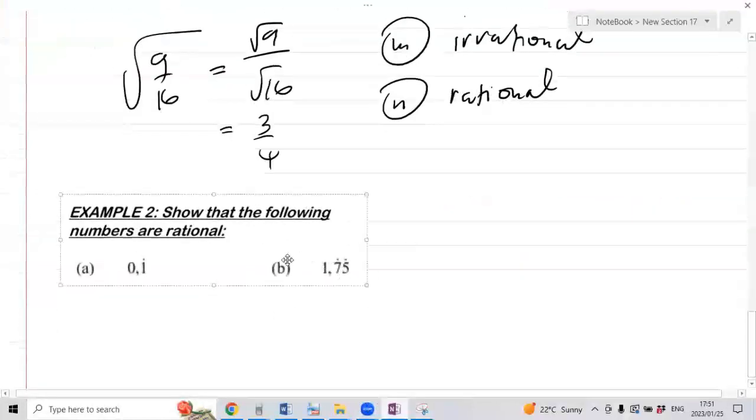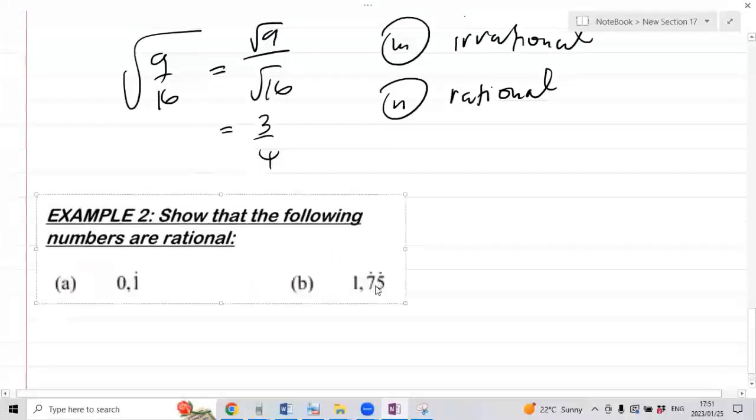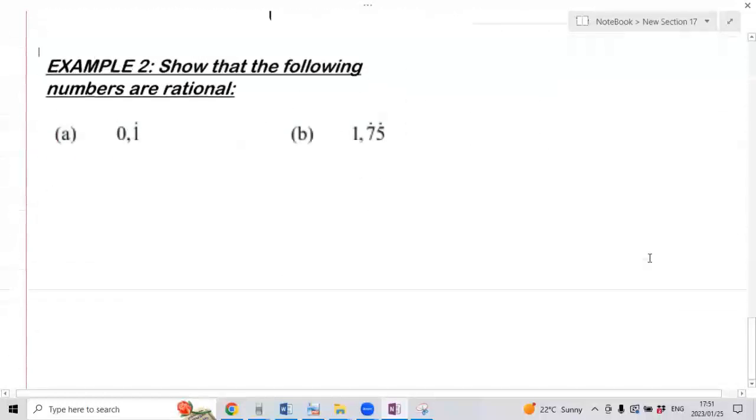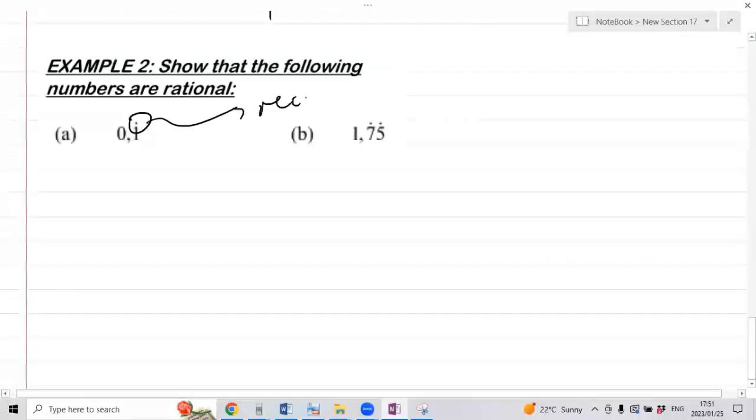So to show that these numbers are rational, we're going to convert from a recurring decimal to a rational number. Now remember that this dot on top of the number means it's a recurring decimal. Now what's a recurring decimal? A recurring decimal just means that the 1 is going to repeat itself indefinitely.